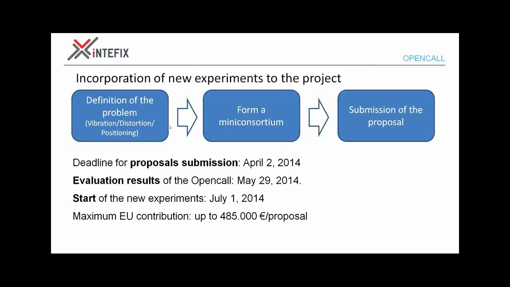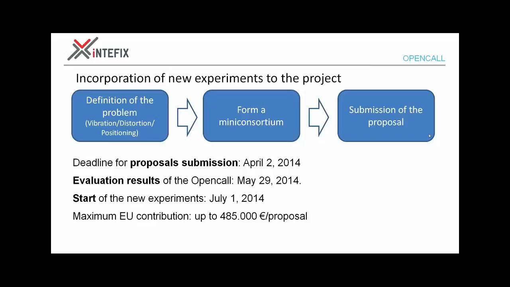After that, you should form a mini consortium with the required profiles for the different companies, and with these companies you should form the consortium of the project, and after this make the distribution of the work and the planification of the work, and submit the proposal to the portal.